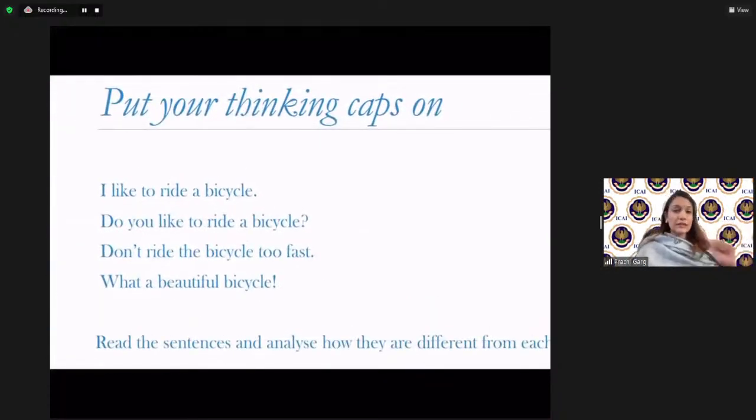Look at these four sentences. I will give you about 60 seconds. Read all the sentences and just analyze in your mind what every sentence is trying to convey, right? What each sentence is trying to say. Just read and then we will discuss.